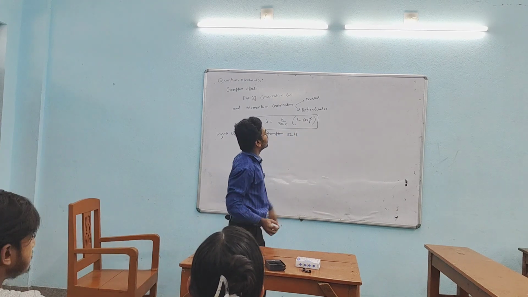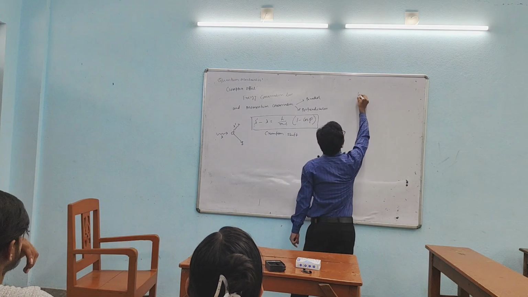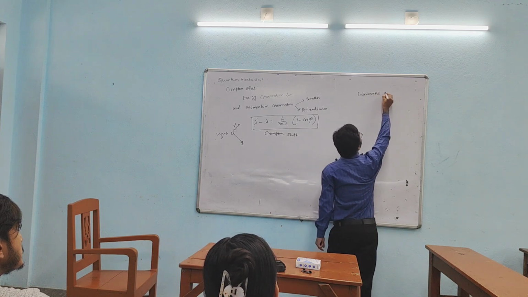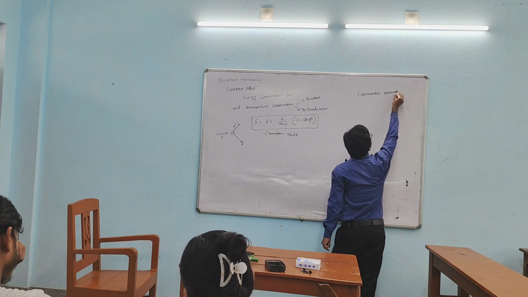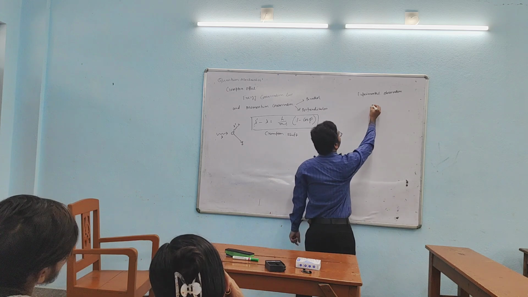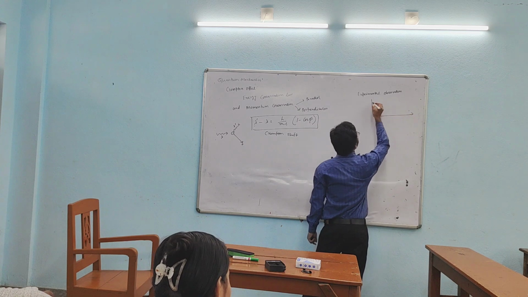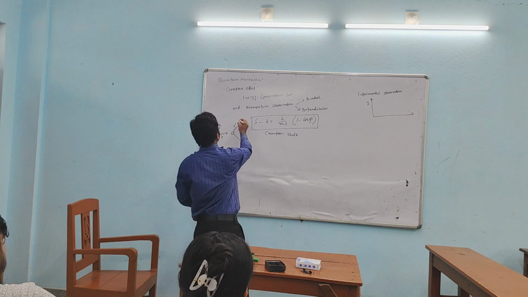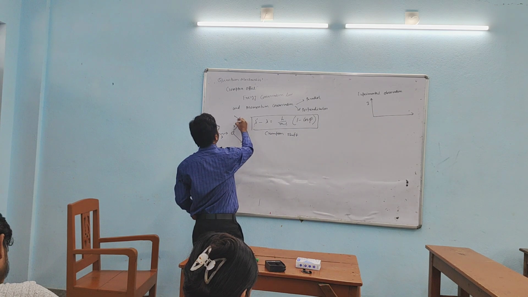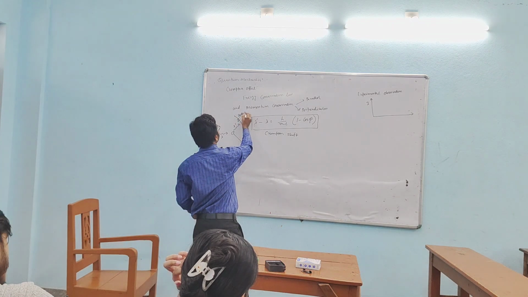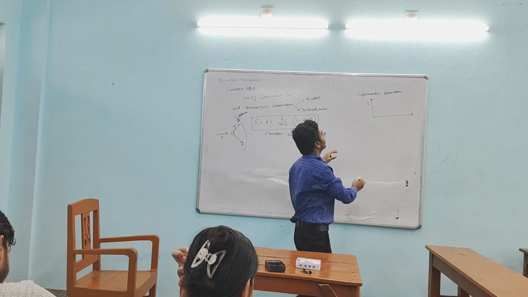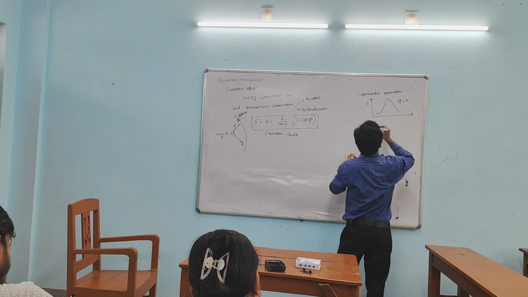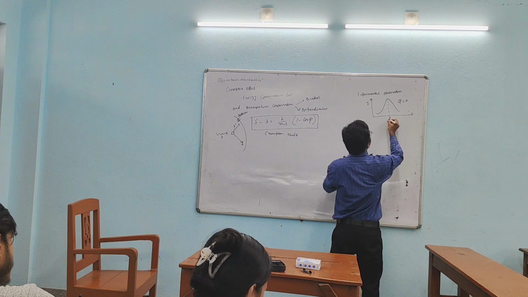So what was the experimental observation? The intensity at the detector is like this. This is for phi equal to 0, where we get only one lambda.